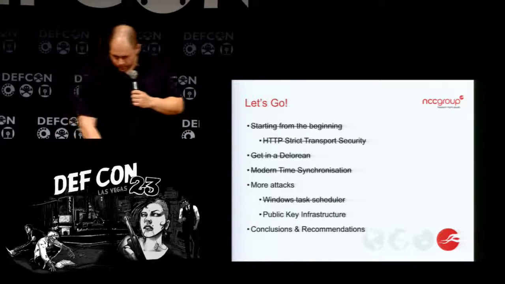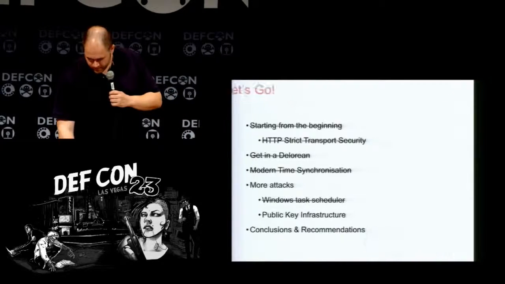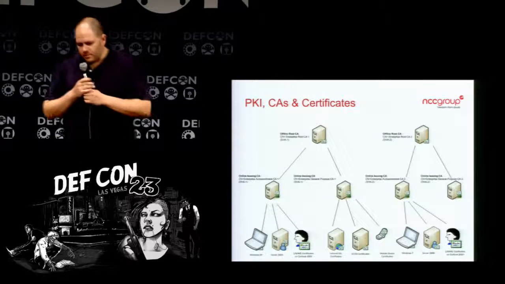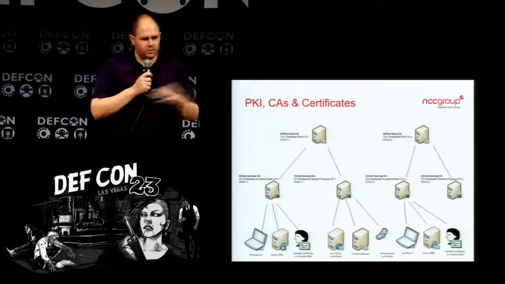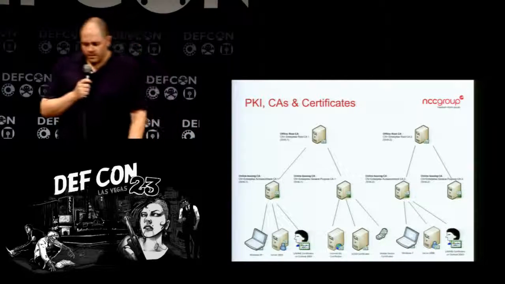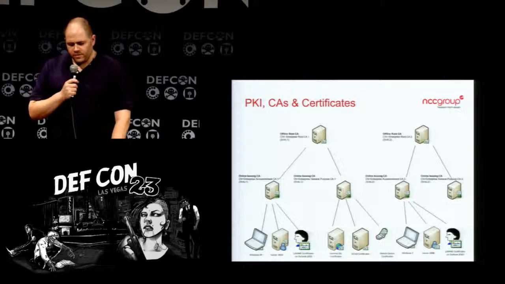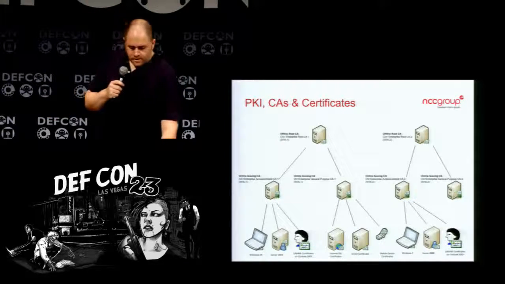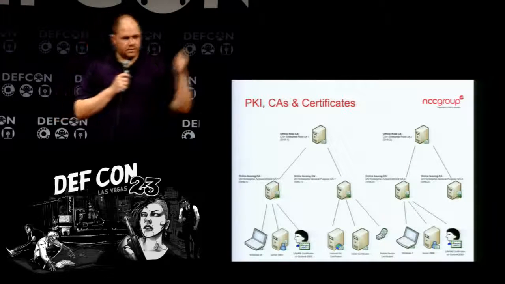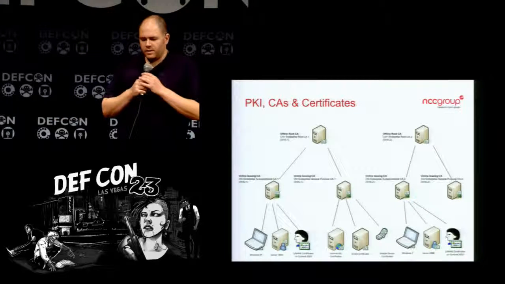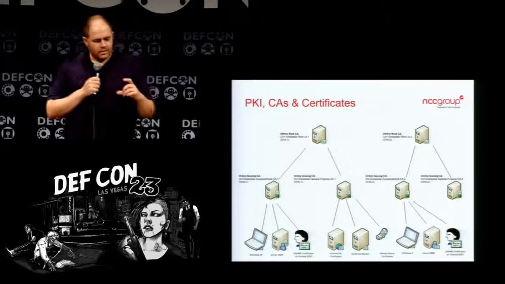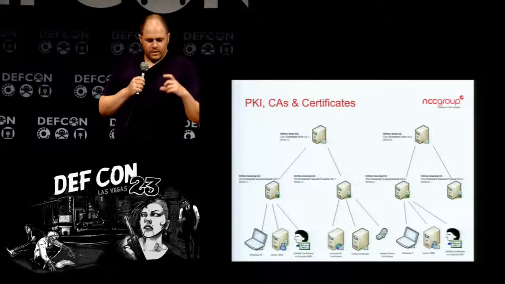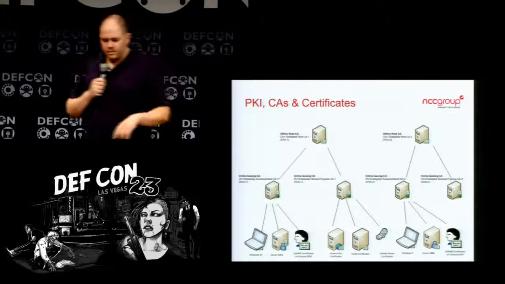I have another attack that is against the public key infrastructure. I mean, we use SSL and we use certificates all the time, and the security of this is based on the trust on the CAs that are signing the certificates, and all the certificates have a period of when the certificate is valid, right?